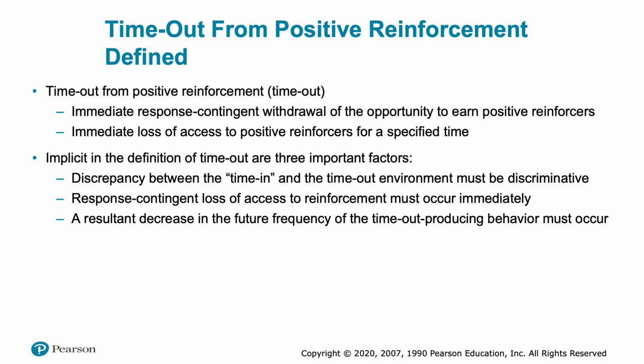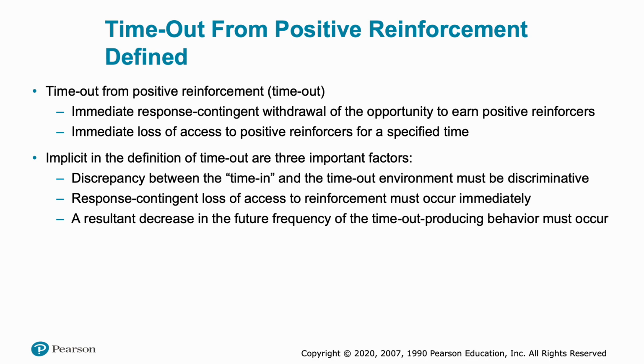It's okay if in your practice you just refer to it as timeout, but if you remember the entire term as timeout from positive reinforcement, then you will always remember how you implement the procedure, because basically you are removing the person, contingent on problem behavior, you are removing access to positive reinforcers for a very specific amount of time, or contingent on problem behavior, you are going to withdraw the opportunity to earn positive reinforcers.